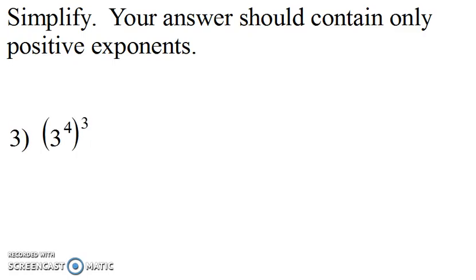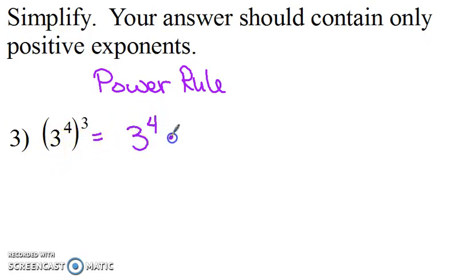Let's try power rule. Alright, so this one is power rule. You know it's power rule because it has a power on the outside. That's another word for exponent. So we know that this exponent tells us how many times to write the inside. So we're going to write 3 to the 4th 3 times.